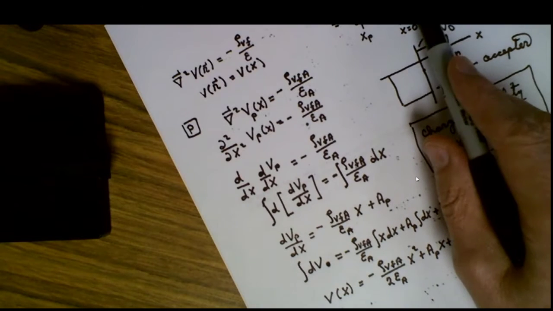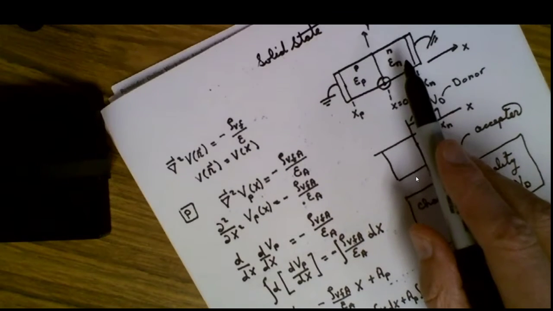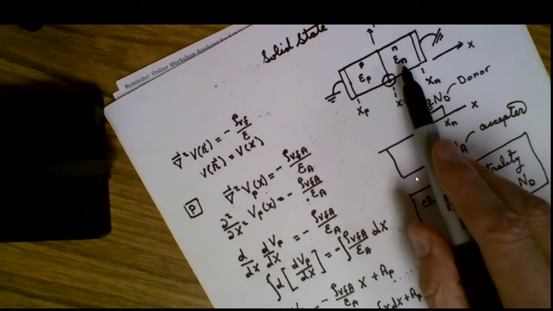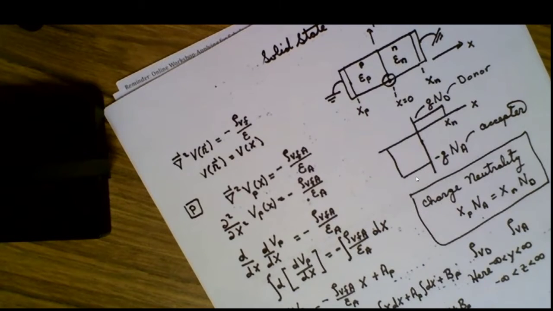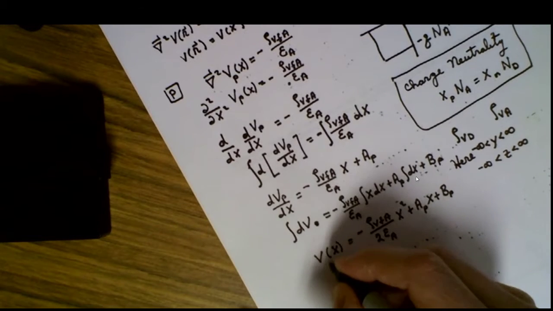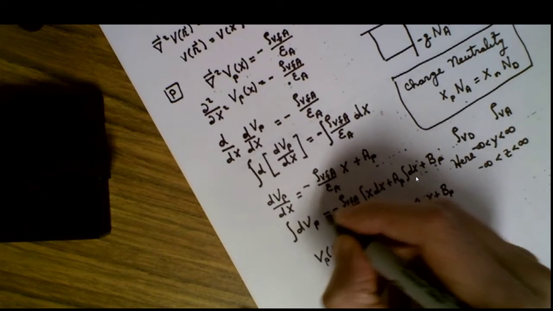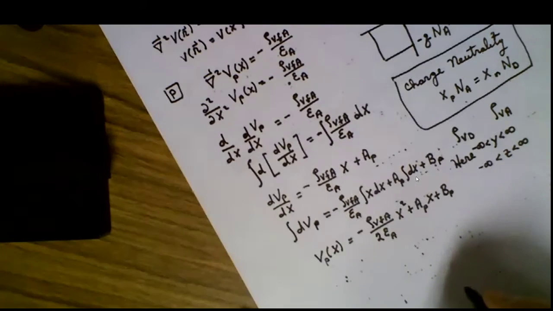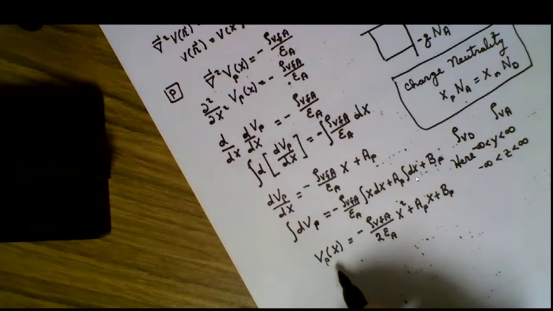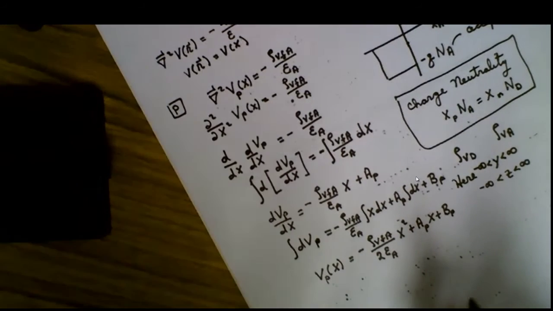It's a different permittivity, but the permittivity is a constant, and the geometry is the same. And as a result, we can use this same expression that we obtained for the P region. Let's define this with our subscript P's. And write it for the N region, as long as we're careful with sign.